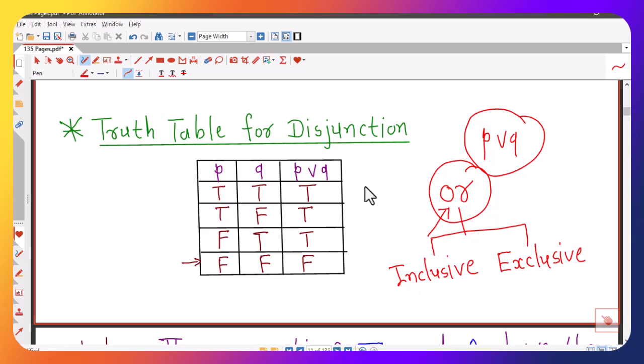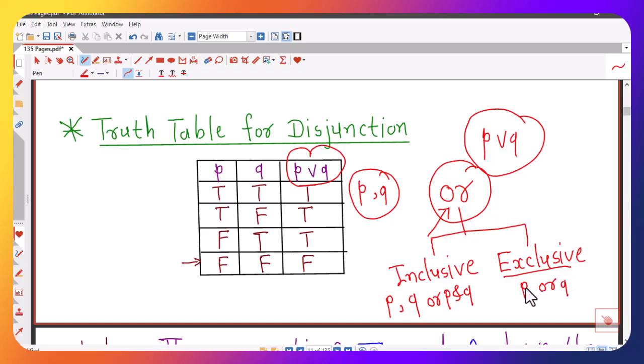Inclusive or means if I have two propositions P and Q, then P or Q is true if either P is true or Q is true or both are true. But if we have exclusive or, then exclusive or is true if P is true or Q is true, then only we have exclusive or as true.